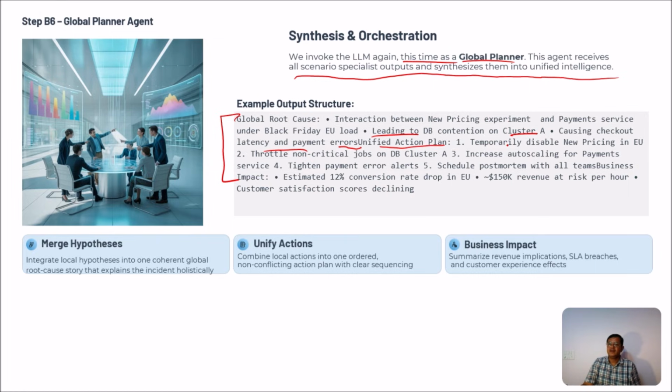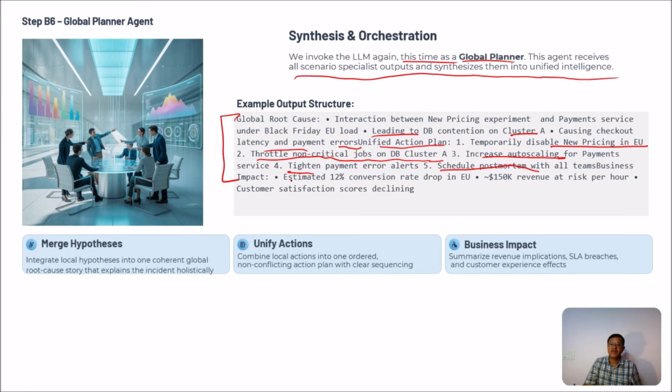Unified action plan: first, temporarily disable the new pricing in EU; second, throttle the non-critical jobs on DB cluster A; third, increase the autoscaling for the payment service; fourth, tighten the payment error alerts; and schedule a postmortem with all teams.